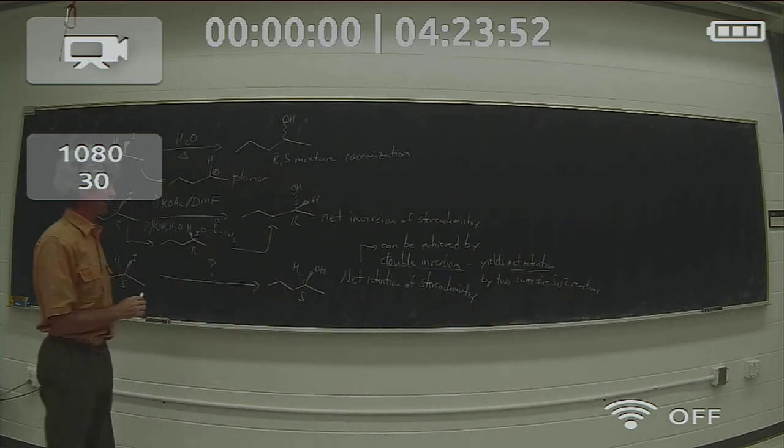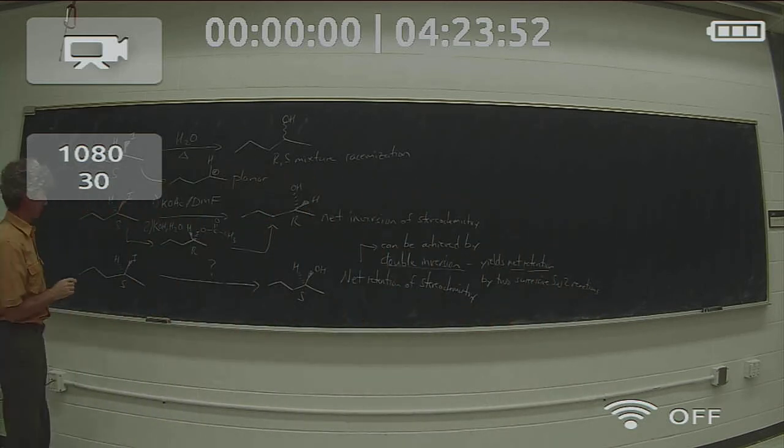So two successive SN2 reactions will allow us to get net retention. We're not going to be able to do it from the S-iodo compound, though.